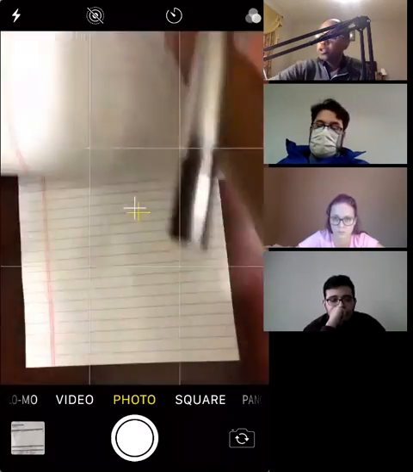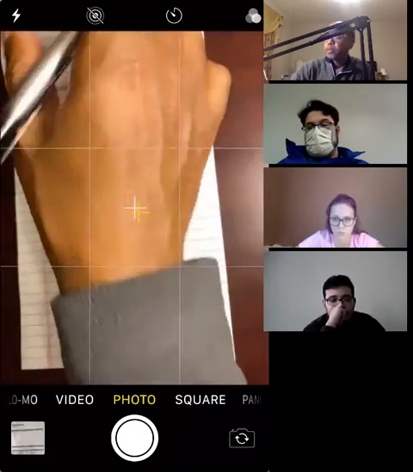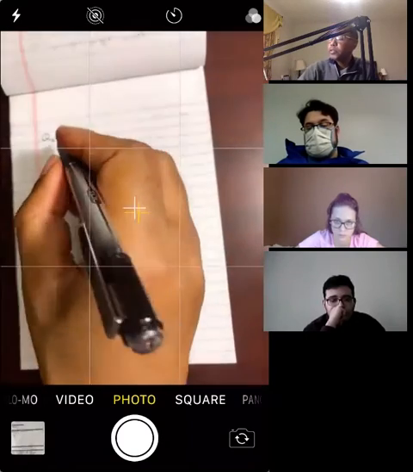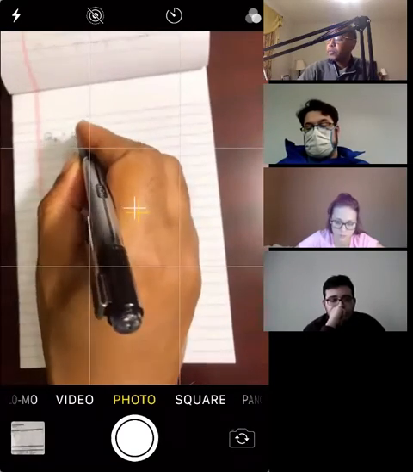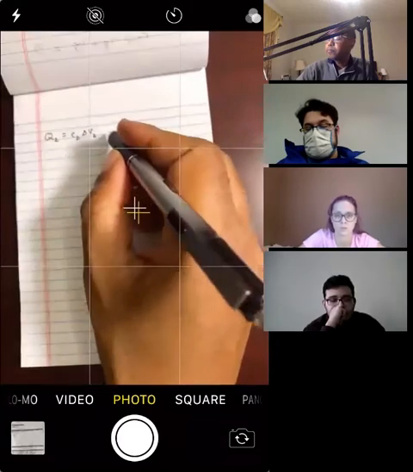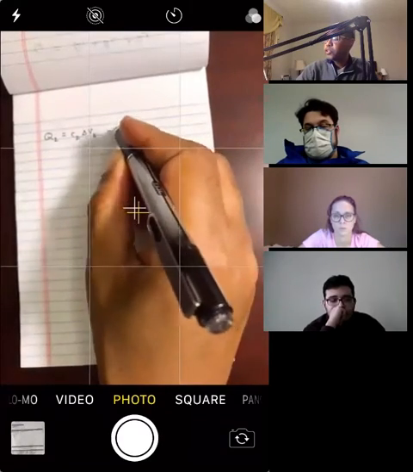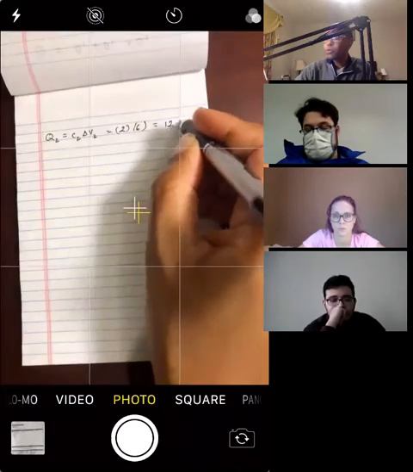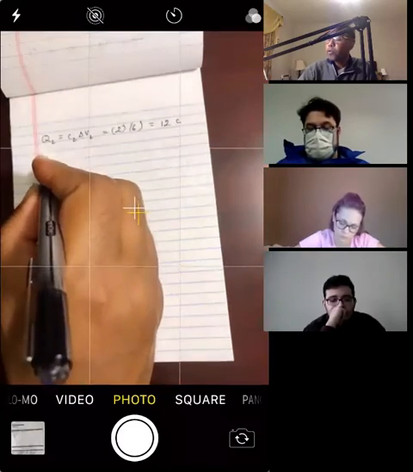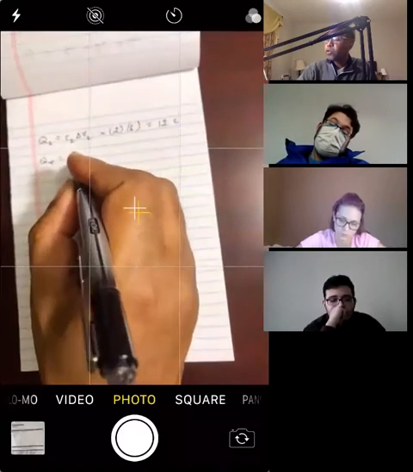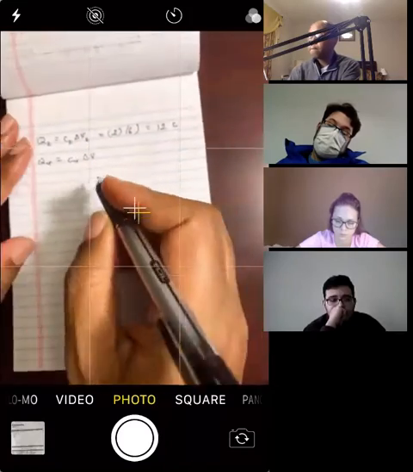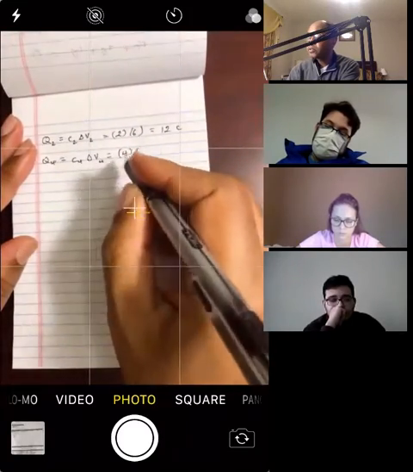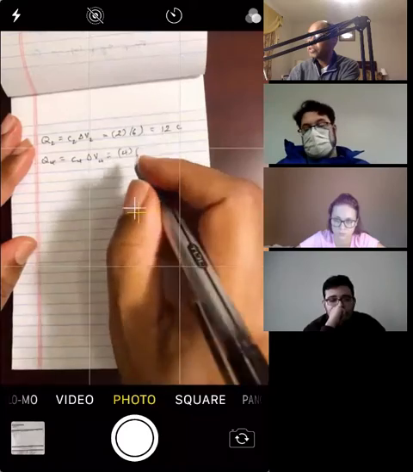Now we can calculate the charges, because Q2, the charge across capacitor 2, is C2 times delta V2. So this is 2 times 6, which is 12 coulomb. How about Q4? It is C4 times delta V4, that is 4 times the potential difference, which is 6.